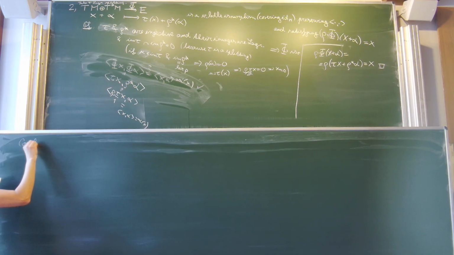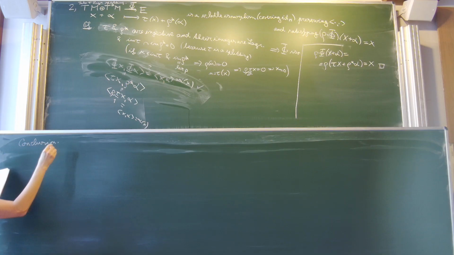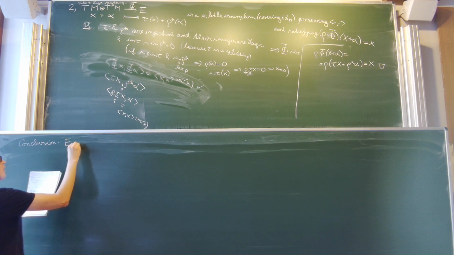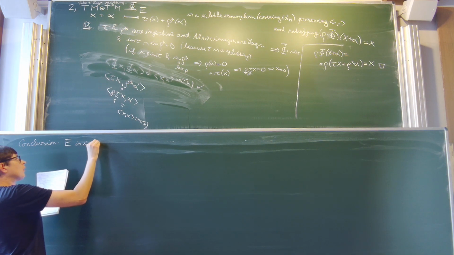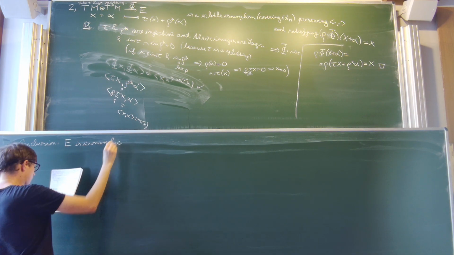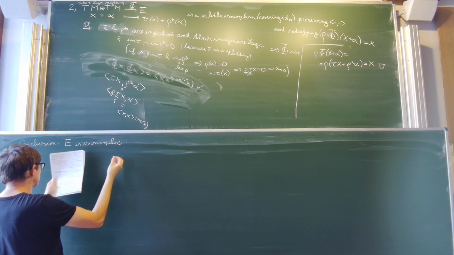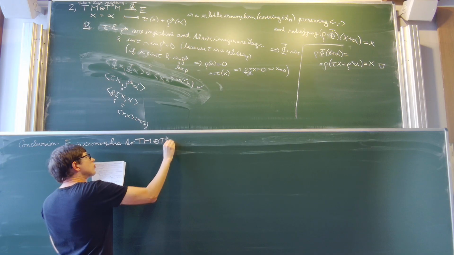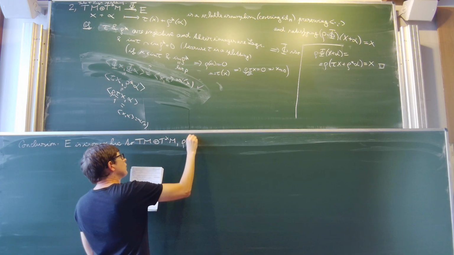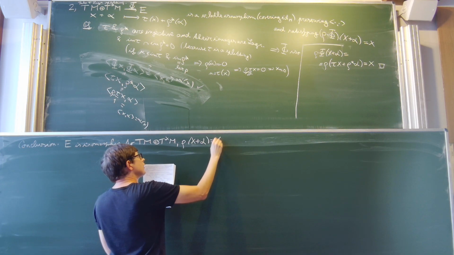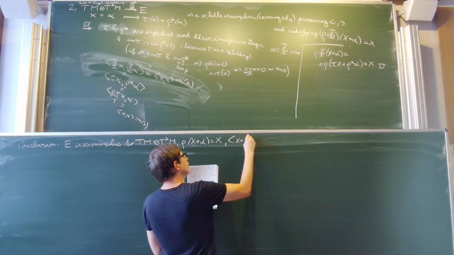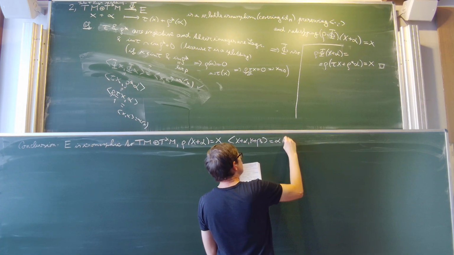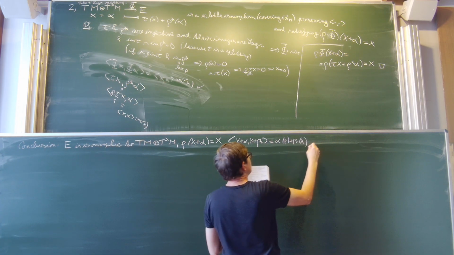Conclusion so far was that our exact Courant algebroid E is isomorphic to TM plus T*M, with the anchor given by this, the pairing given by this, and with the brackets of u and v given by phi inverse of the bracket of phi u and phi v.